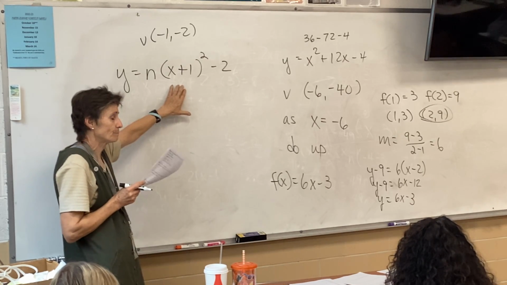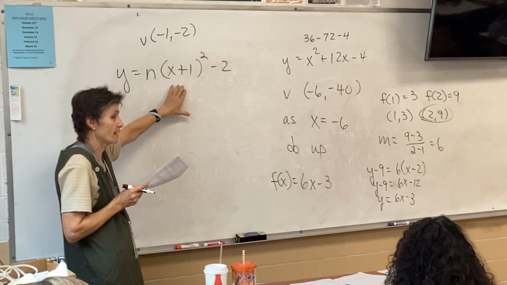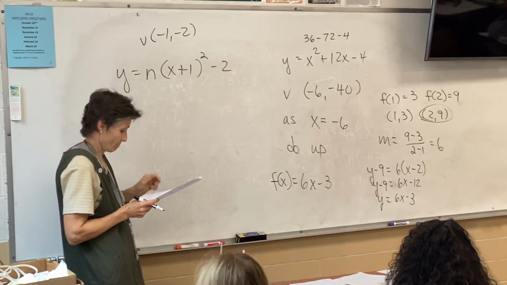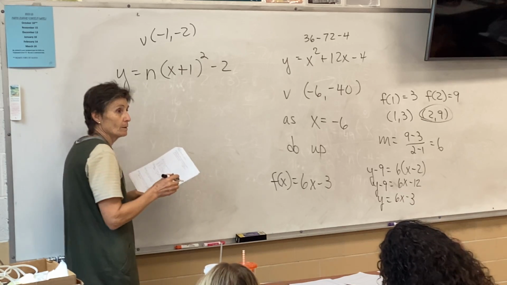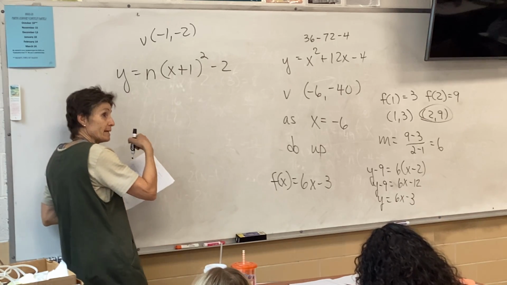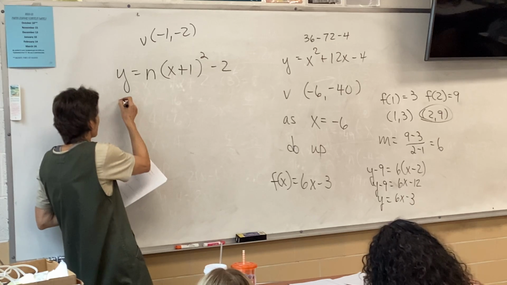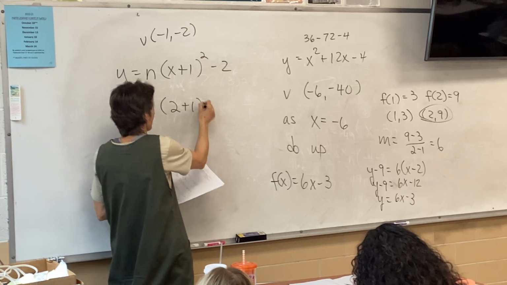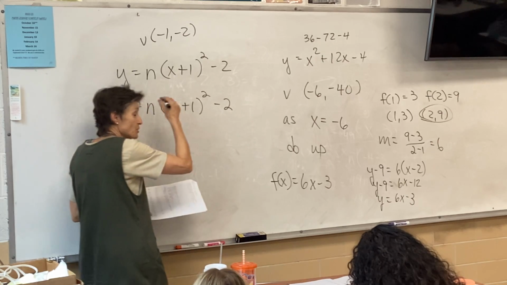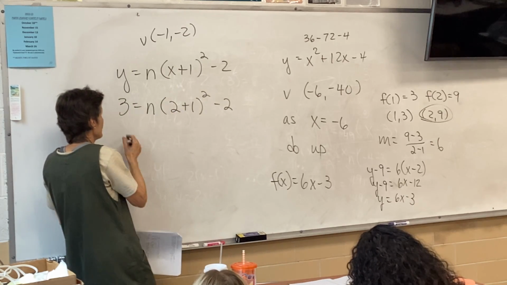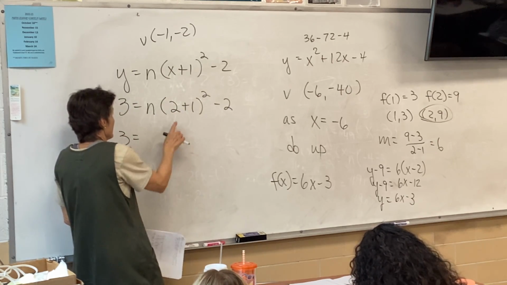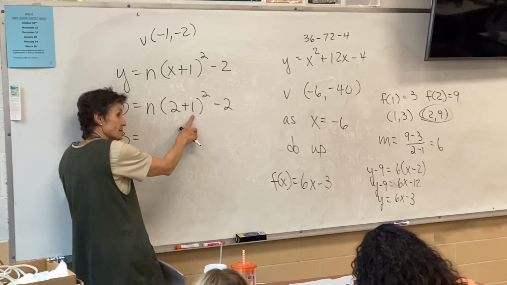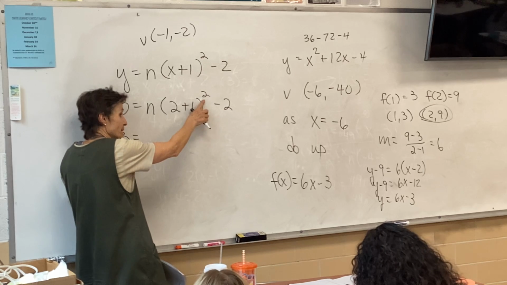Always start with the vertex. Okay, then what? Take that other point they give me. So 3 is the y and 2 is the x. I'm just substituting in the x and y values. PEMDAS: parentheses, 2 plus 1 is 3, squared is 9.